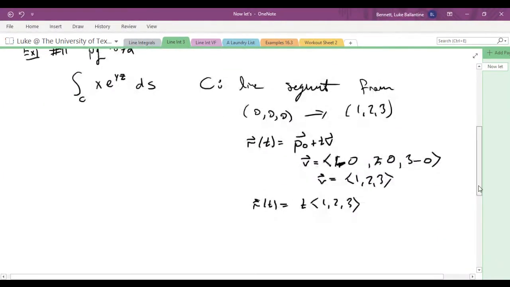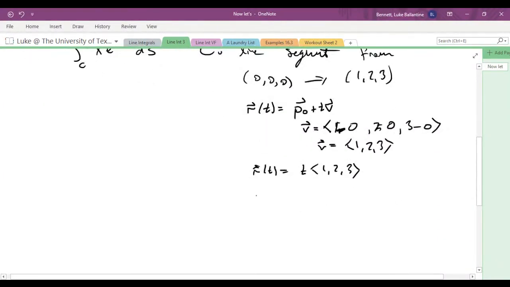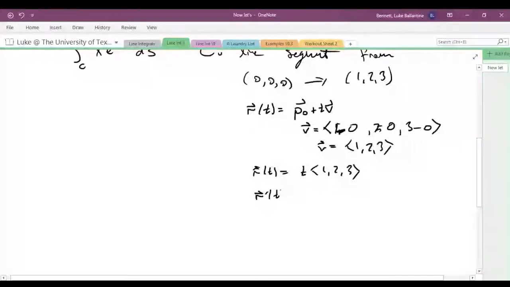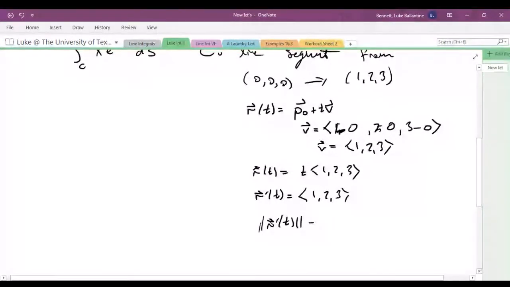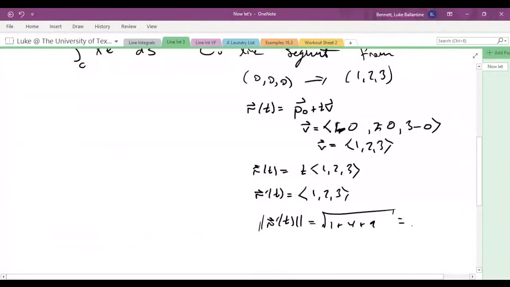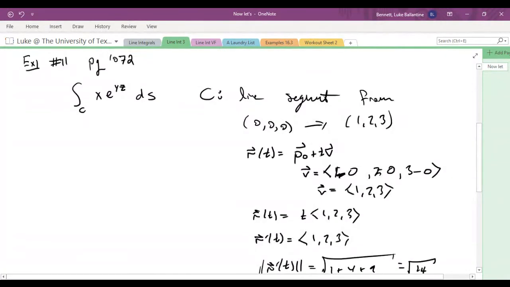Easy. So if we want to calculate the magnitude of R prime, first R prime of t is 1, 2, 3. The magnitude of R prime of t is the square root of 1 plus 4 plus 9, which is the square root of 14 dt. All right, so that was ds. Then we just sub everything in.